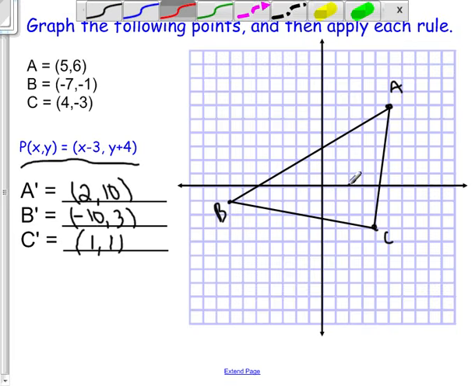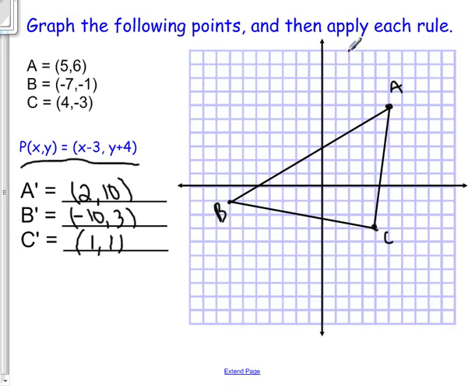So (2, 10), 2, 1, 2, 3, 4, 5, 6, 7, 8, 9, 10 is going to be right here. And that's going to be A prime, so let's put a little A prime there. And then B prime is (-10, 3), so -10 up 3. And then C prime is (1, 1).